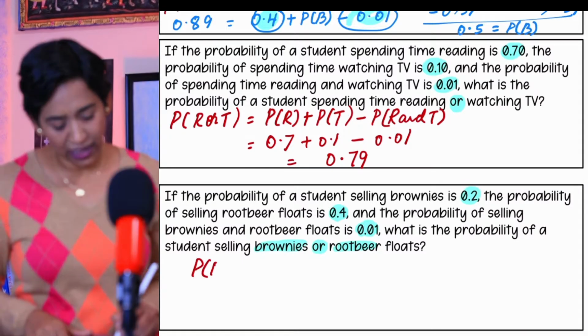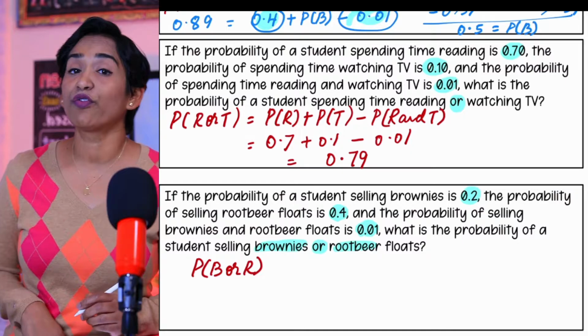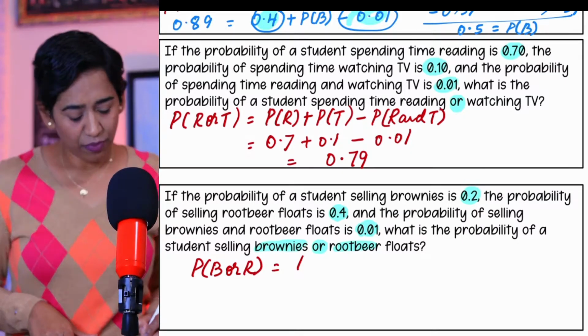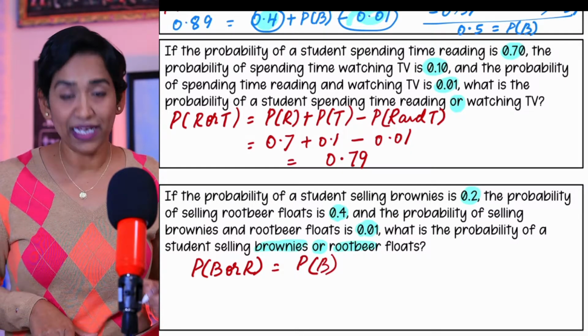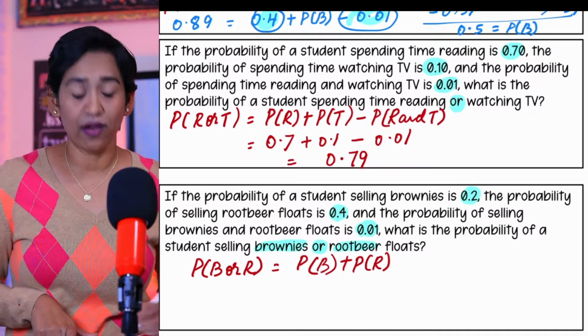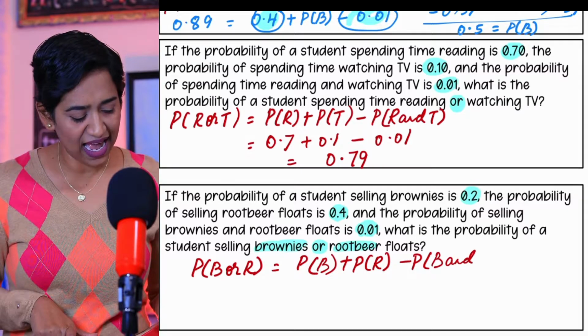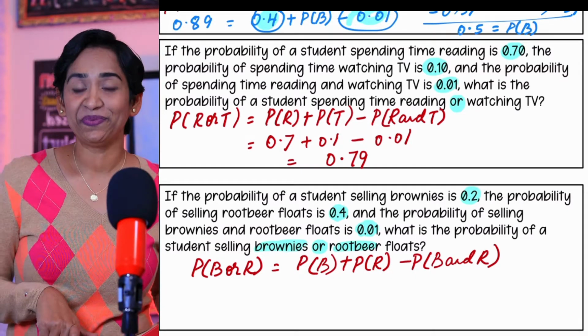Probability of selling a brownie or root beer, I'm going to put R for root beer, is probability of selling brownies plus probability of selling root beer minus probability of brownie and root beer.